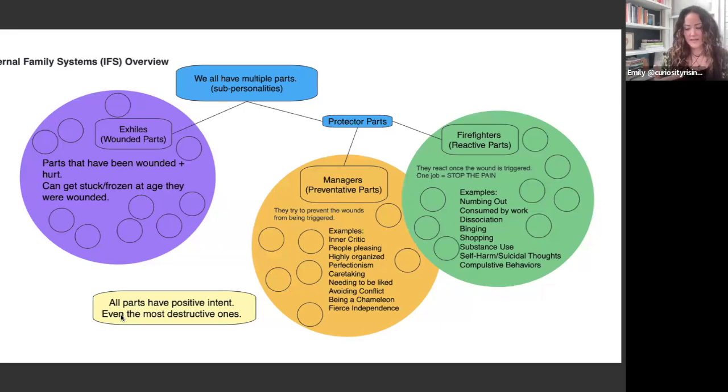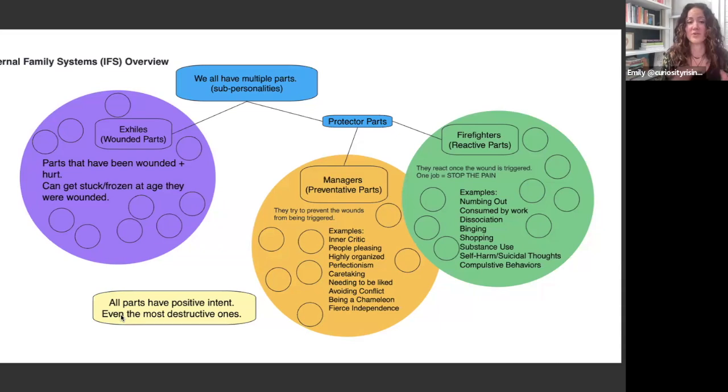And really, once you start to approach these parts and get to know all these different parts, IFS can become this loving way of relating not only to yourself, but then to other people, to the parts in other people. So it shifts not only your relationship with yourself, but the relationships you have with the other people in your life.